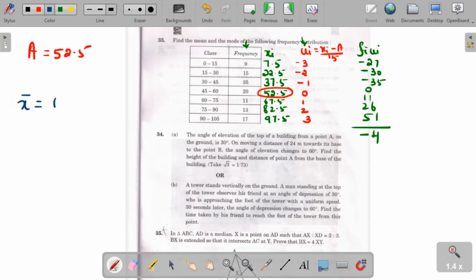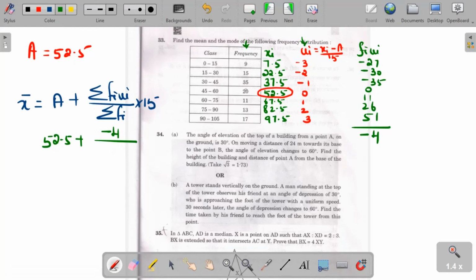So x bar is equal to A plus sigma fi ui divided by sigma fi, into the class interval, in this case 15. So let's substitute the values. A is 52.5 plus, the top is going to be minus 4, divided by the sum of the frequencies.